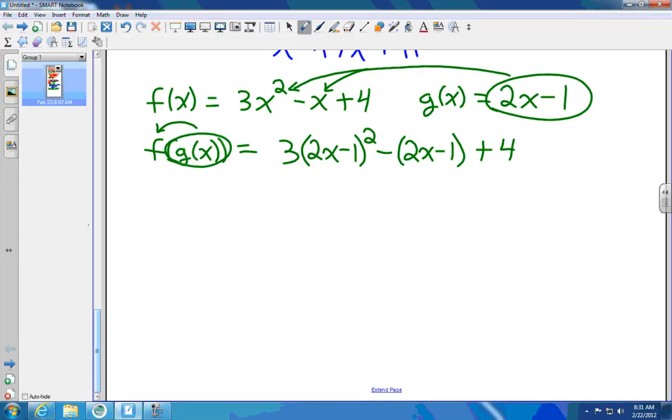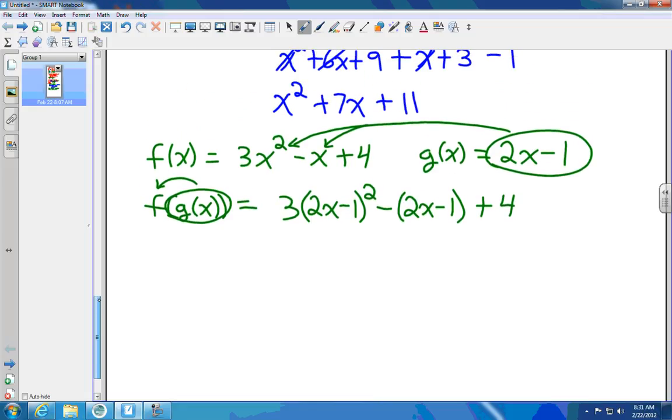So what do we have to do again? Gotta FOIL again. We'll have my FOIL off to the side. So we have 4x squared minus 2x minus 2x plus 1. Then what do we have to do? Distribute the 3.